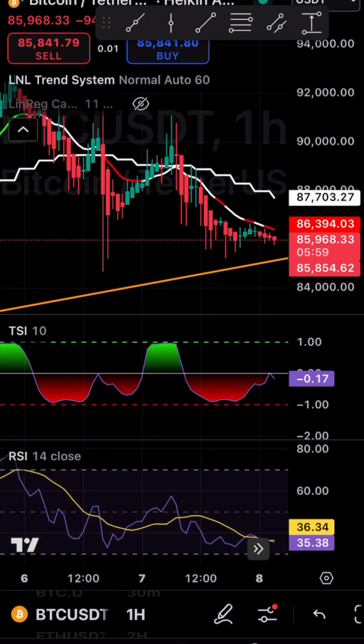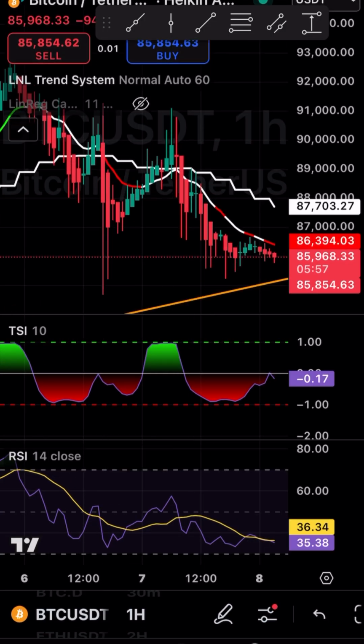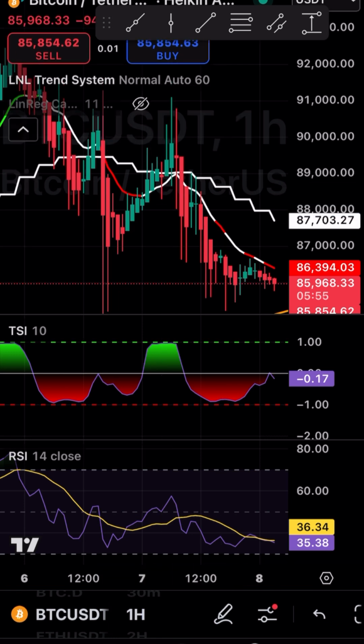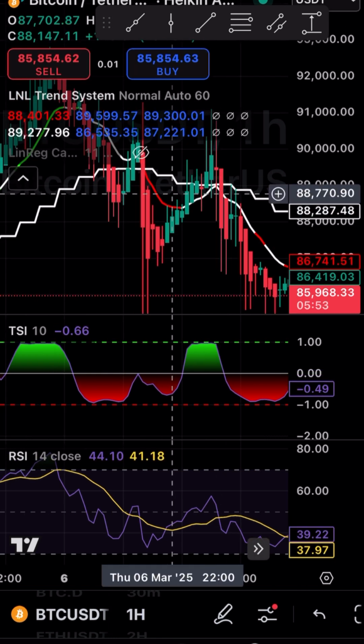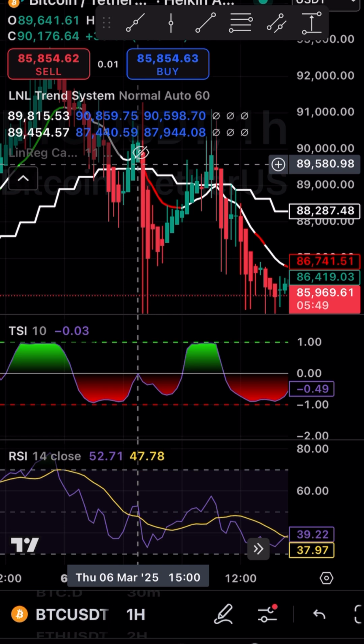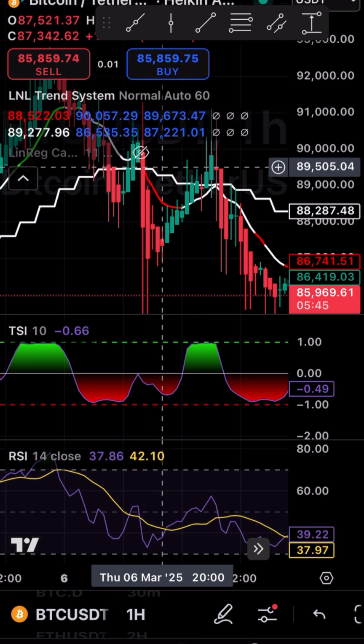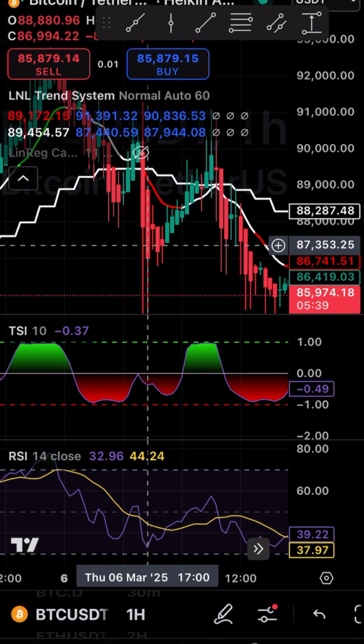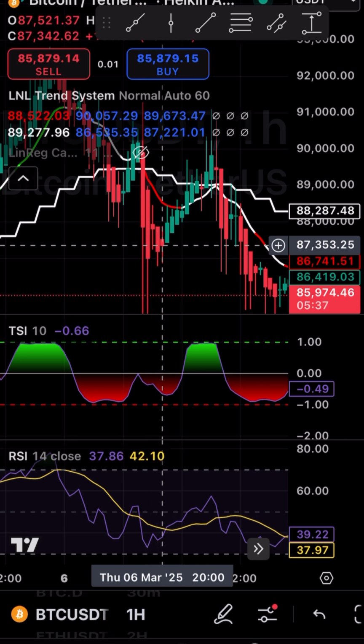So in this moment, when it crosses right here, you also see it go below the zero line, and you know to get out when you see the RSI touching the line on the RSI. So you know to get out right about here. You know when to get out.